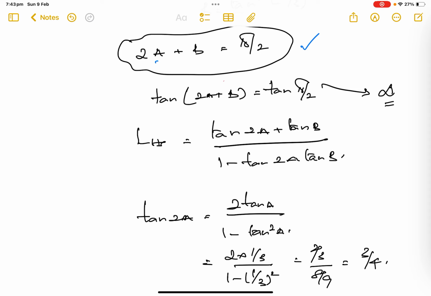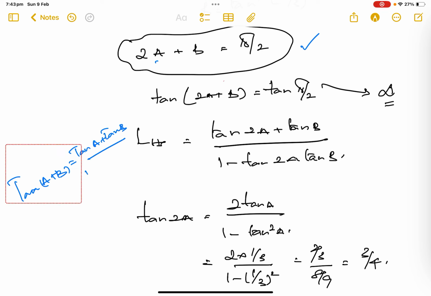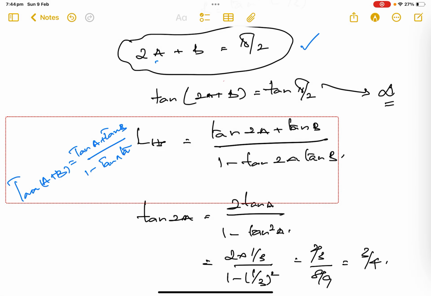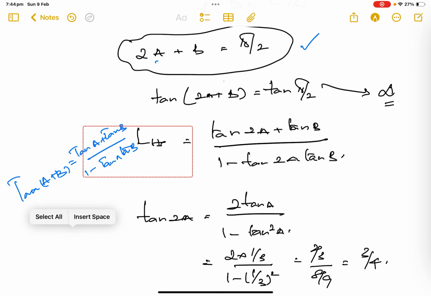This is again a trigonometry identity. Tan (A plus B) equals tan A plus tan B divided by 1 minus tan A tan B. That's the formula I used.